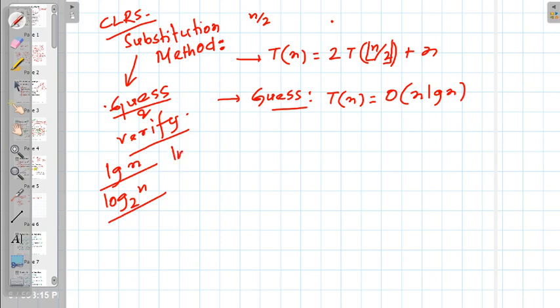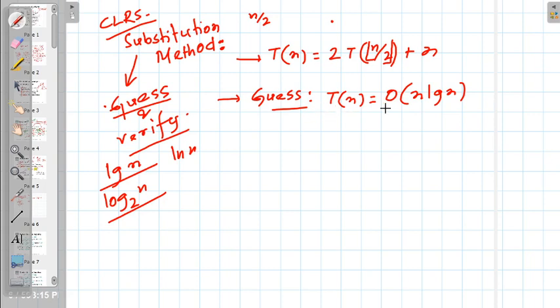So lg n means log n base 2. So this is the guess.